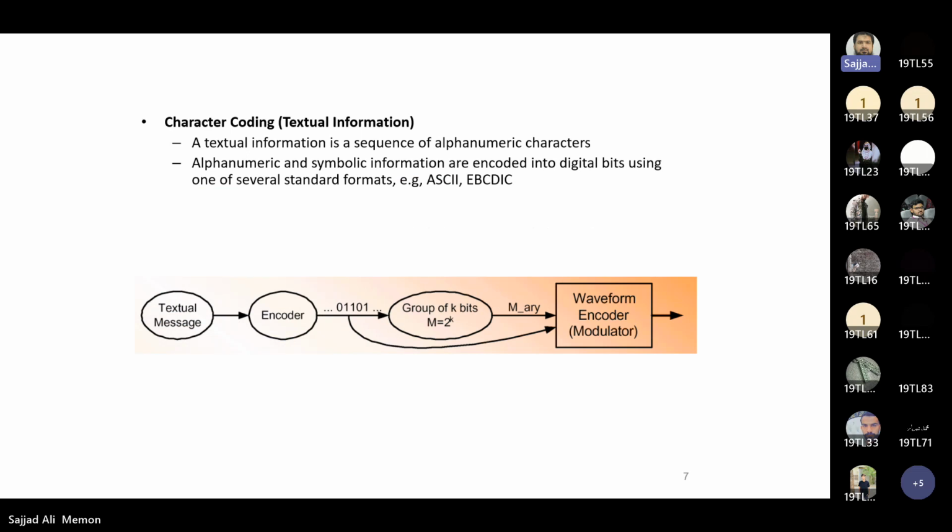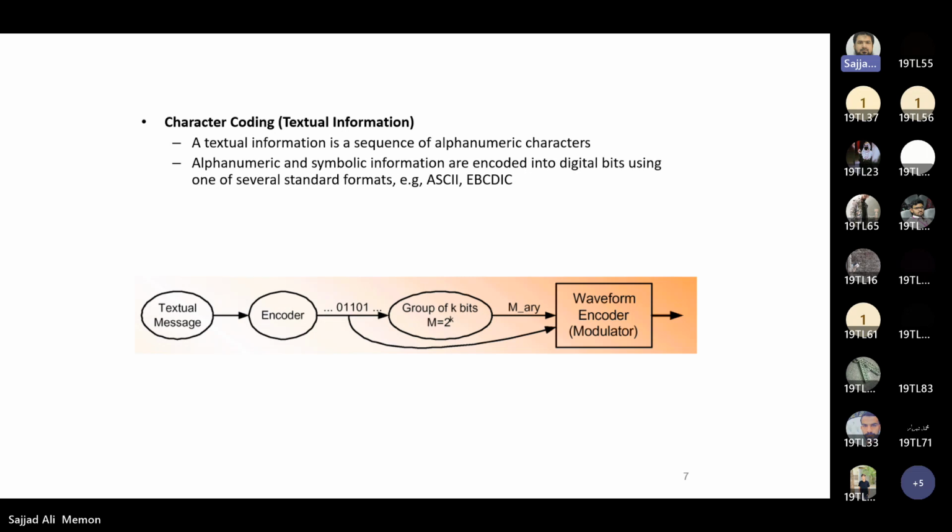Then we have character coding, that is textual information. Textual information is a sequence of alphanumeric characters that you can type from your keyboard or from the mobile. Alphanumeric and symbolic information are encoded into digital bits using one of several standard formats, for example ASCII and EBCDIC.